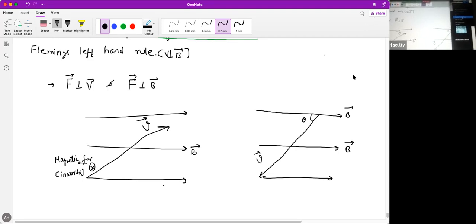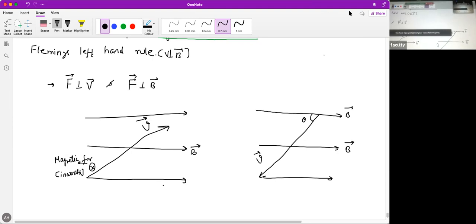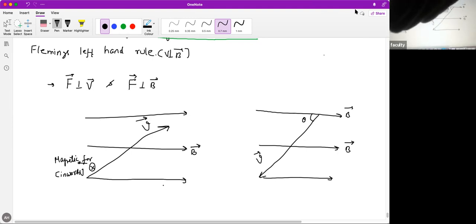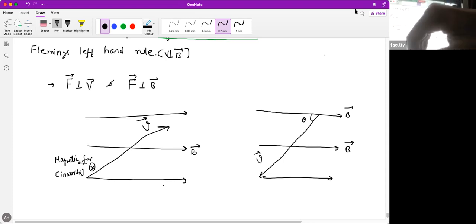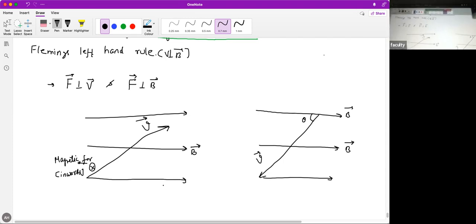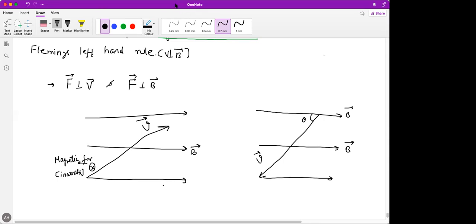Take your right hand, place your finger along the direction of velocity and curl it in this way. Thumb will come outwards. That's the direction of magnetic force. Direction is outwards.